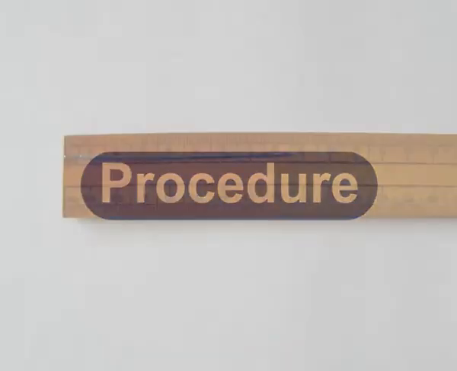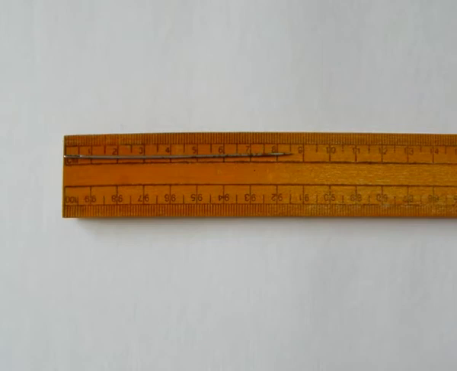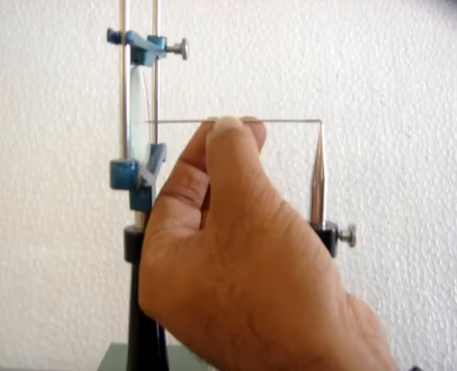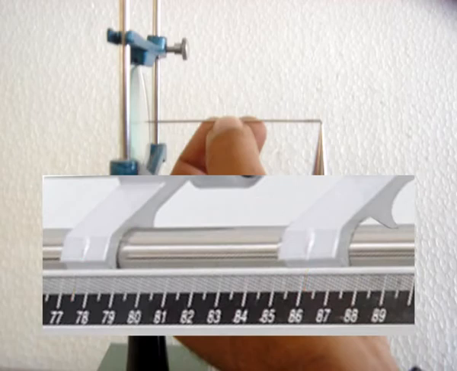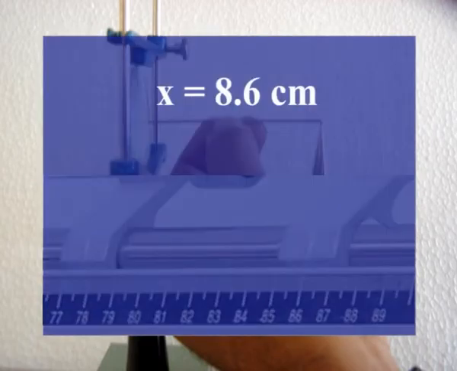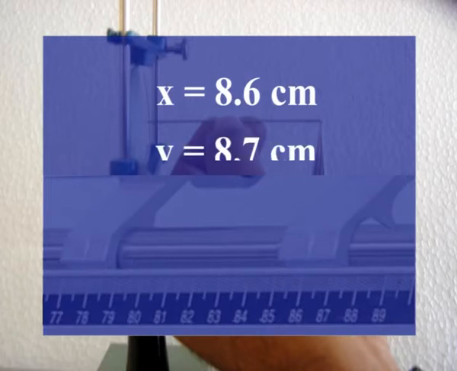Procedure. For index correction, measure the actual length of the knitting needle as X. Then place the knitting needle between the object needle and the concave lens and measure the distance between them as Y. In this experiment, the actual length of the knitting needle is 8.6 centimeter and the observed distance between the object needle and the concave lens when the knitting needle is placed between them is 8.7 centimeter.